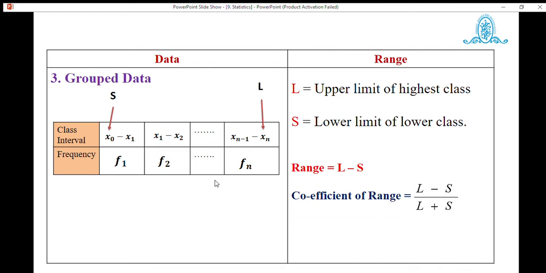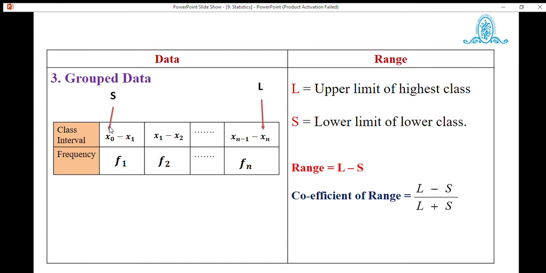For that type of grouped data, the formula for range is L minus S. Here L stands for the upper limit of the highest class, xn, and S is the lower limit of the lowest class, x0.